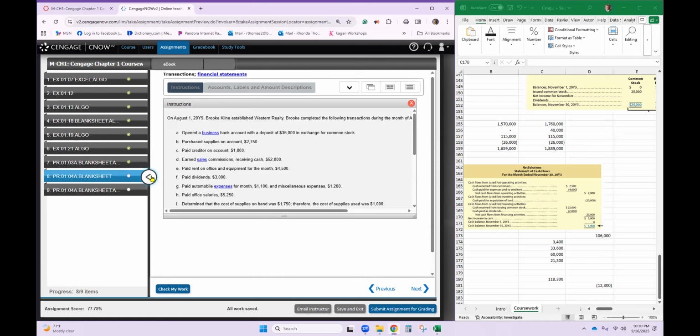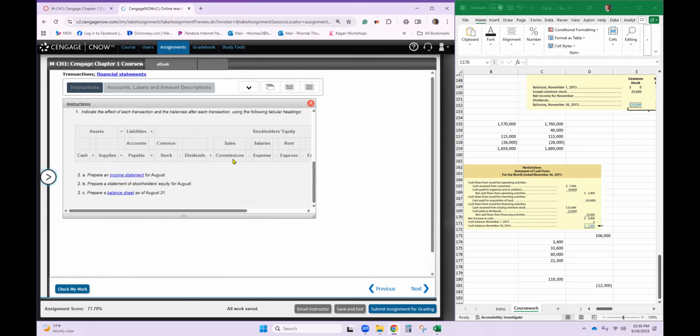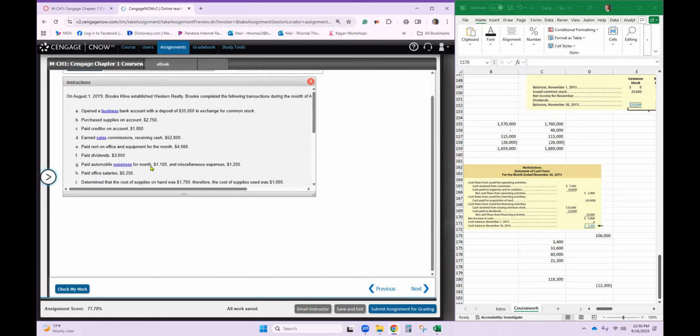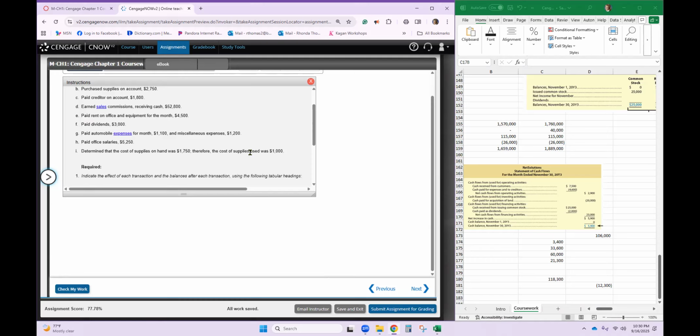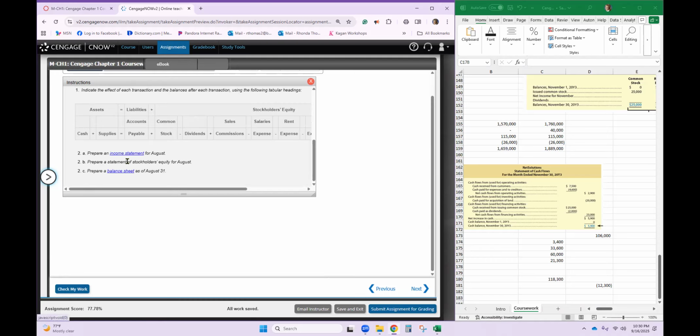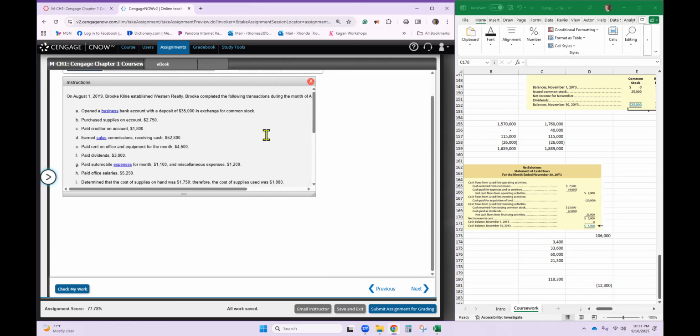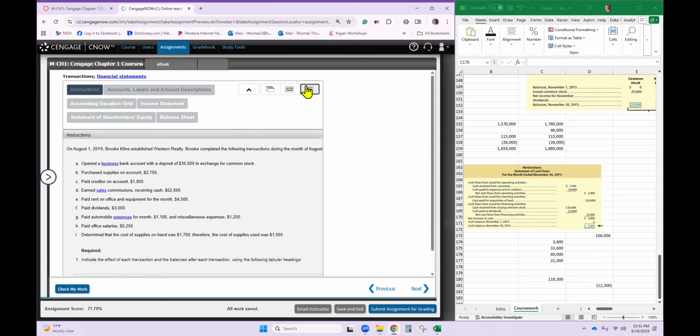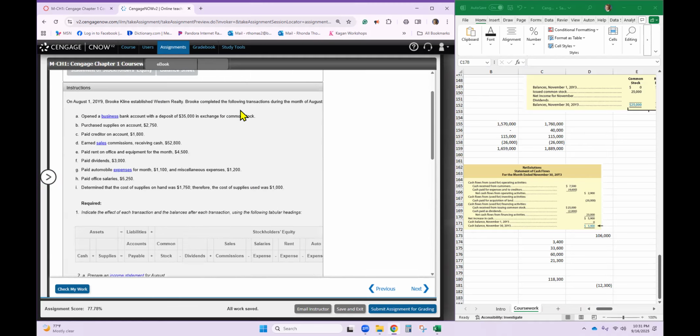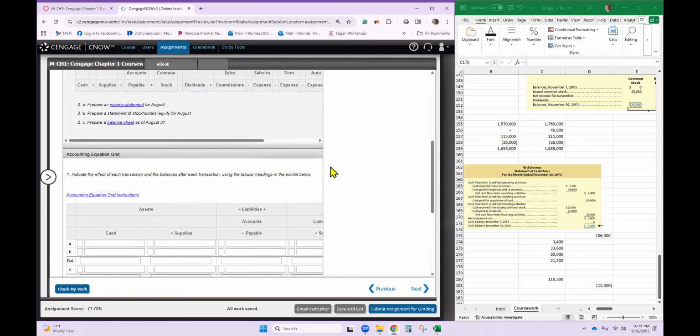All right, this is the grid, and then we've got to fill in the grid. Once we fill in the grid, then we can do an income statement, a statement of stockholders' equity, and a balance sheet. So no more cash flows, thankfully. Okay, so I'm just going to do the instructions with the accounting grid first.